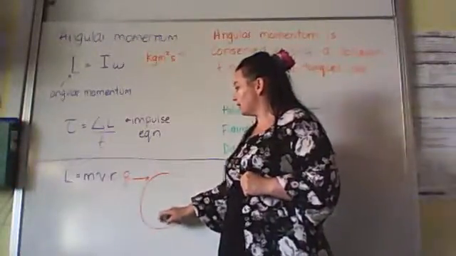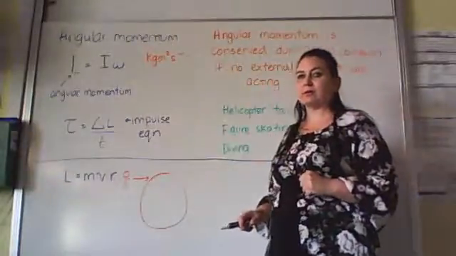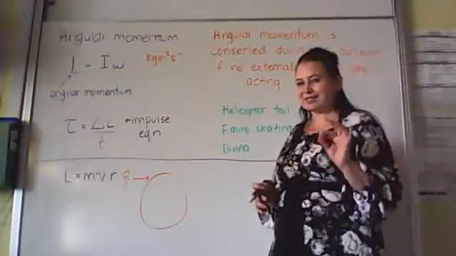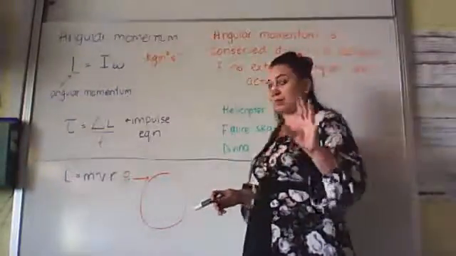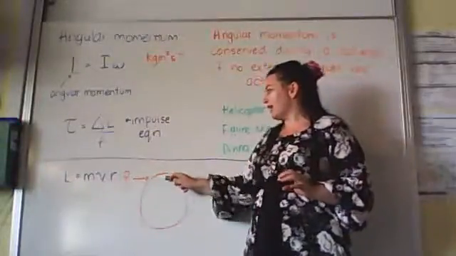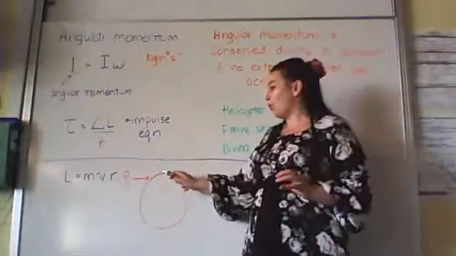And we can say, well, that person, when they jumped on the merry-go-round, they must have had angular momentum. I don't think that's necessarily the most helpful way to think of it, but if you like it, you roll with it.